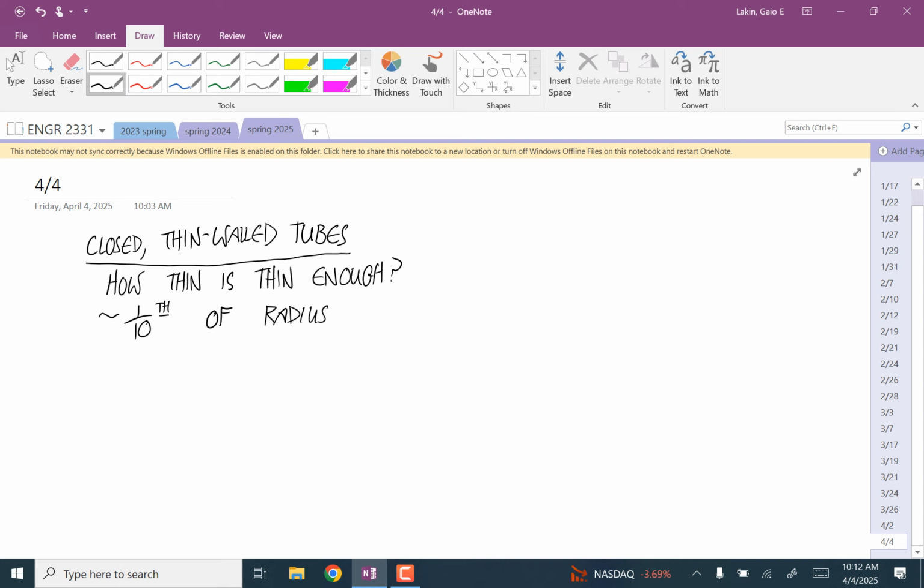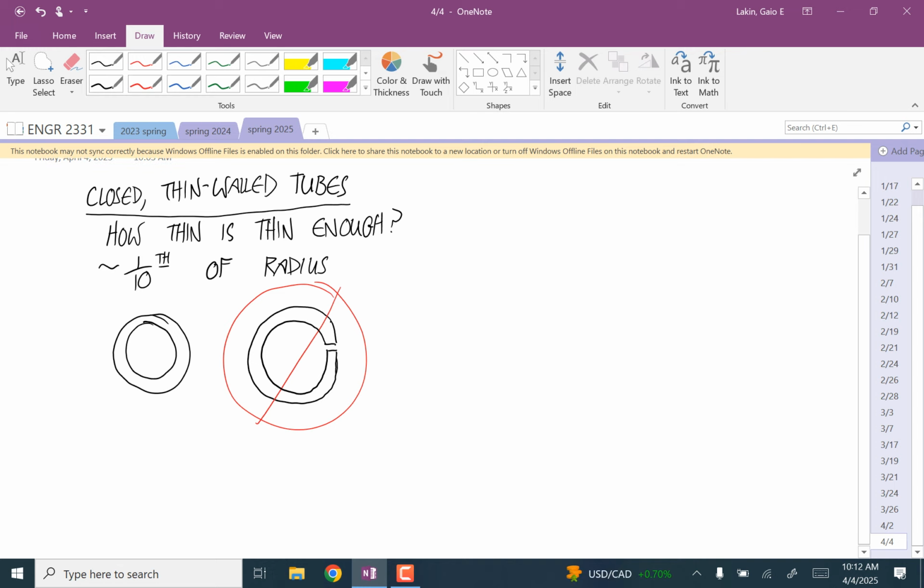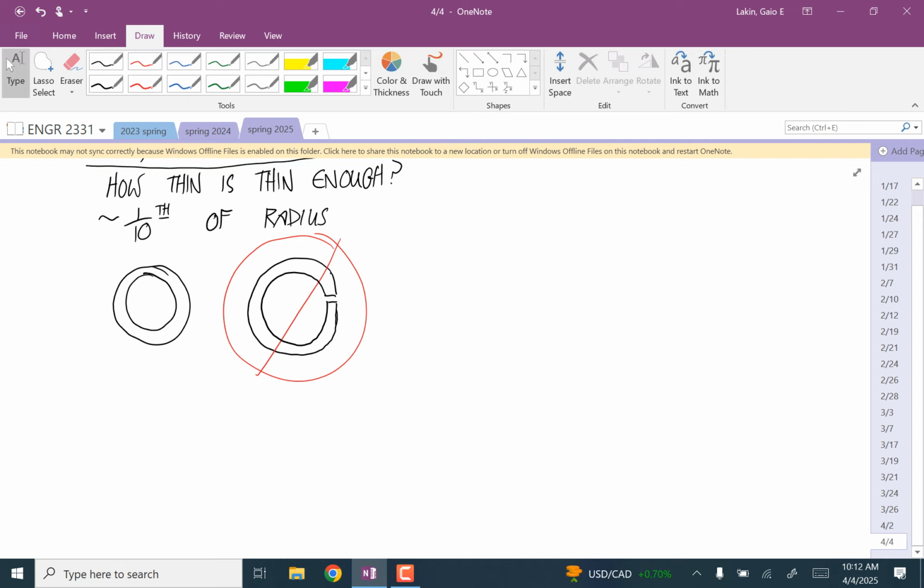And remember what closed means. This is okay, but this is not okay. So again, we're going to do the temporary coordinate system thing and use a rotation matrix at the end.